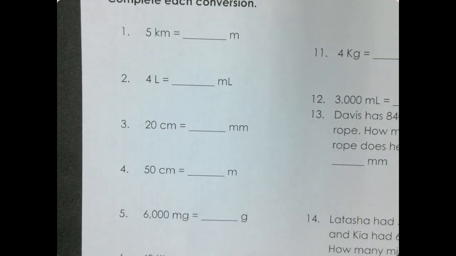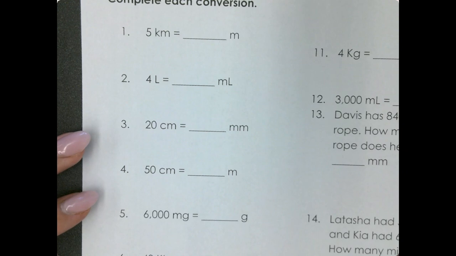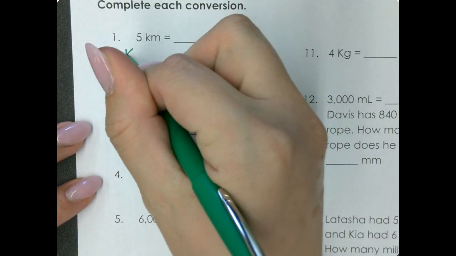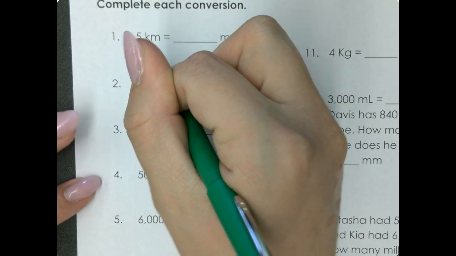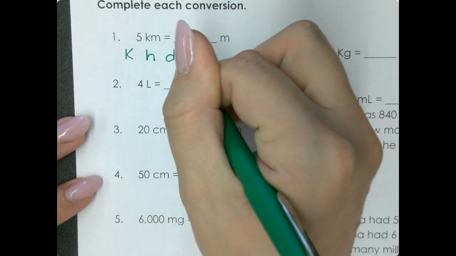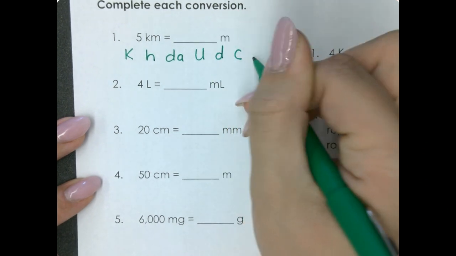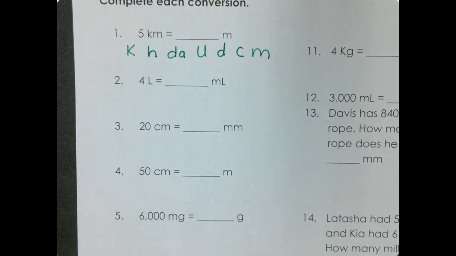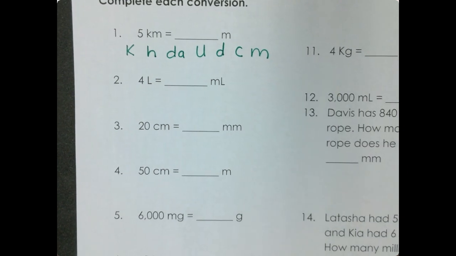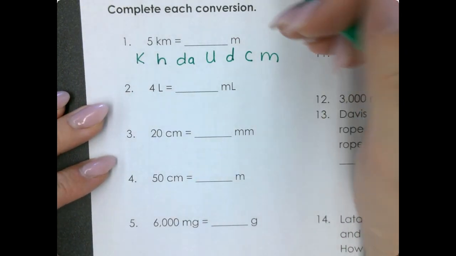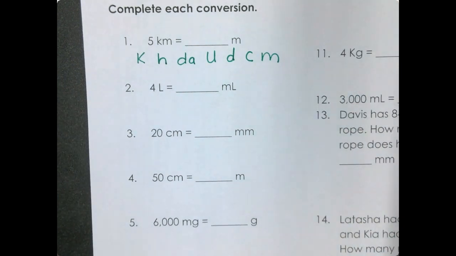So let's write our saying. Who wants to say it? Go ahead. Henry died unusually drinking chocolate milk. Hey, they want us to go from kilometers to meters. So where are we starting and where are we going?